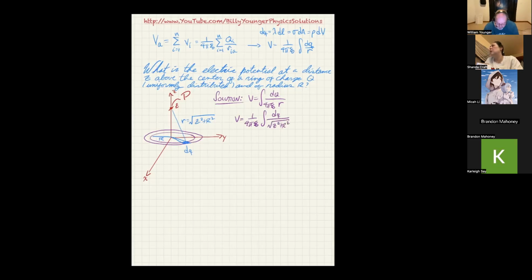Notice the dq has no terms in it that have anything to do with big R or z. In fact, if I really wanted to make that dq, it'd just be big R d theta, and big R is a constant, so we don't even have to deal with it.